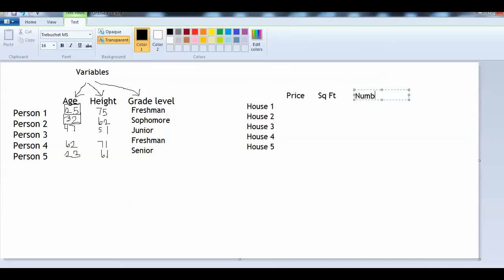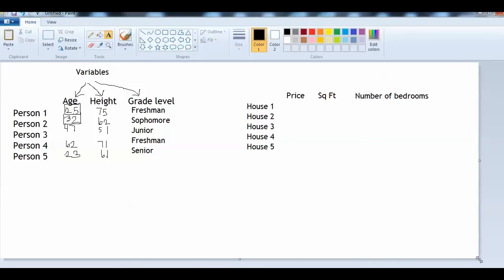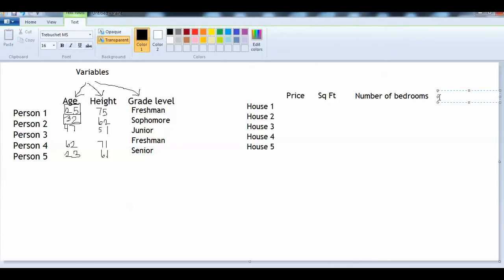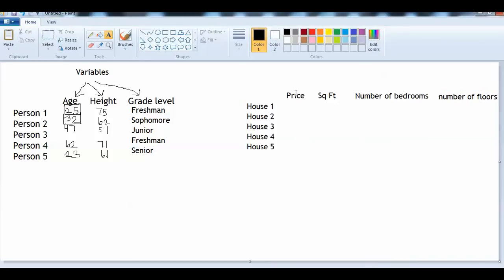Number of bedrooms would be another variable. We could also maybe record the number of floors in each house. So we're recording the prices, the square footage, the number of bedrooms, and the number of floors in 5 houses.